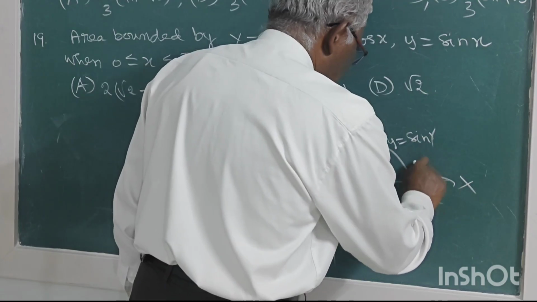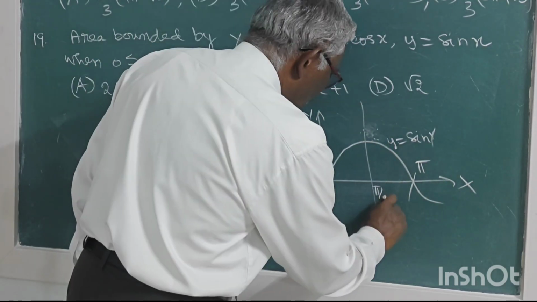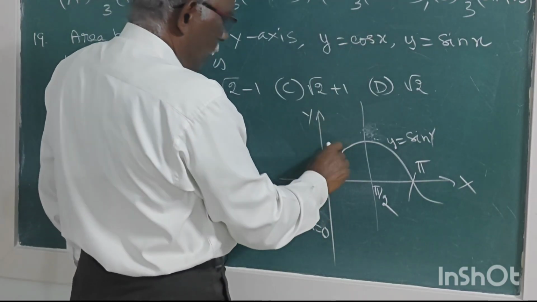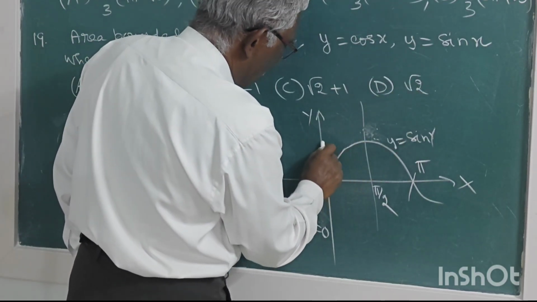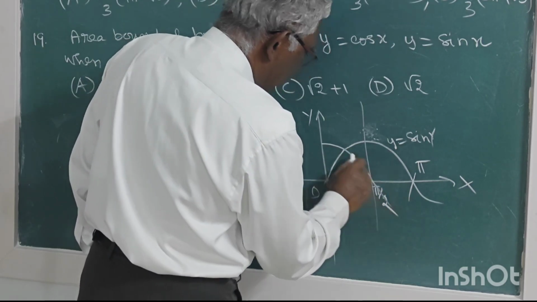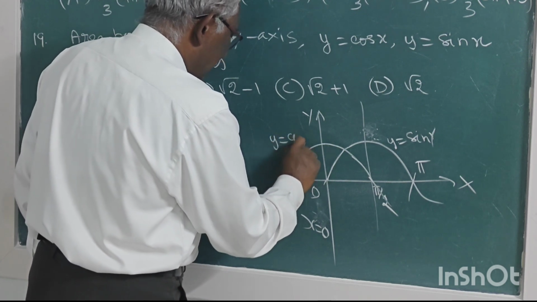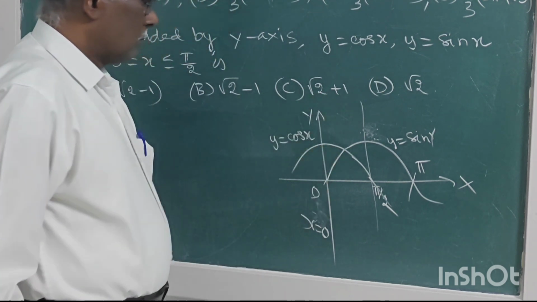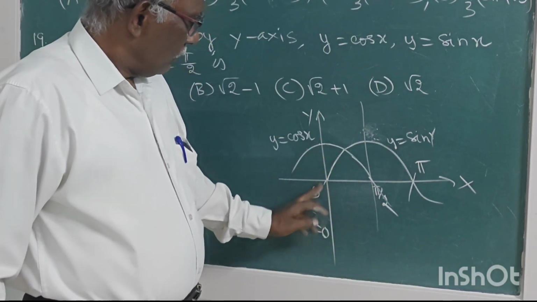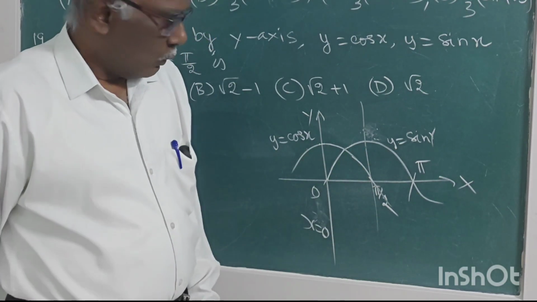This is pi and this is pi by 2. And cos 0 is 1, cos 90 is 0, so this is the equation of y is equal to cos x. Cos 0 is 1, cos 90 is 0, sin 0 is 0, sin 90 is 1.